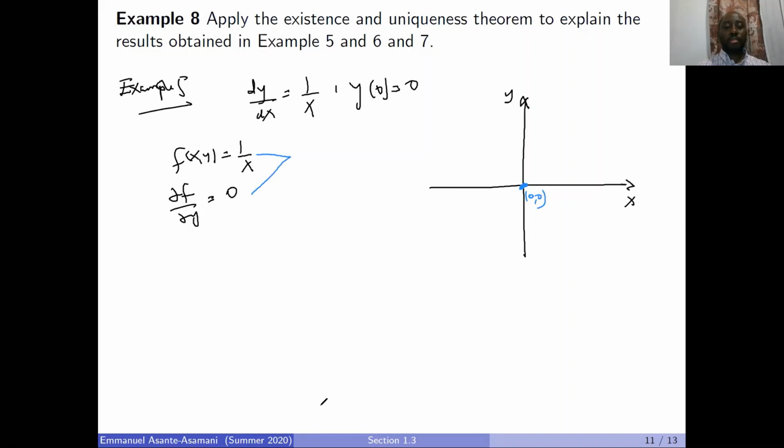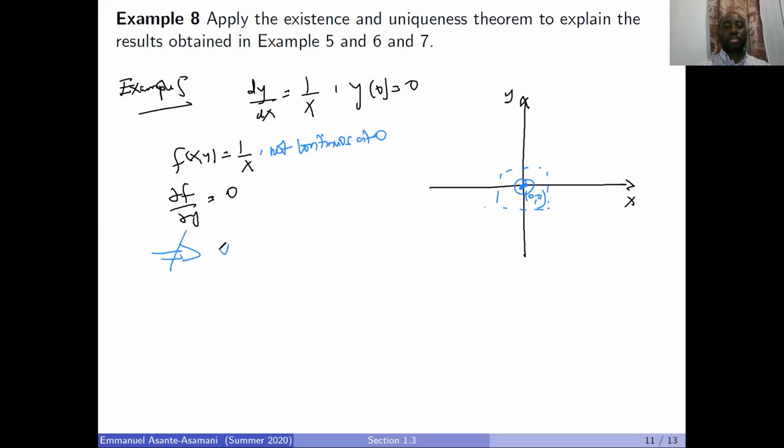Now, clearly, 1 over x is not continuous at 0. Right? It's undefined at 0. And so if it's not continuous at 0, it cannot be continuous in some rectangle that contains 0 because it's going to fail to be continuous here. And so the first assumption of my theorem is violated, which means that we cannot expect a unique solution.